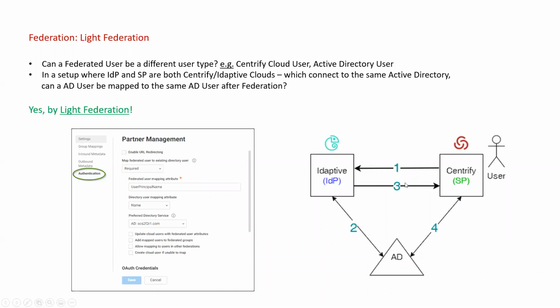I keep saying we, but it's actually not our team that implemented that feature, though we were part of it. So when the user comes back as a federated user, we look up the AD, which is the same in this case. If we can map a username, by default the user principal name, to an AD user, then we log the user in as an AD user instead of making a new federated user or mapping it to a federated user.